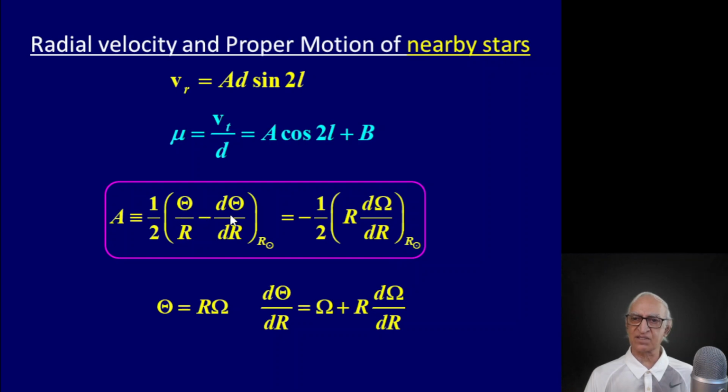This relation in terms of theta I have written in terms of omega by using this relation over there. Please verify this very simple expression. Quite clearly, this represents a shear, d omega dr, the rate at which the angular velocity is changing with respect to the distance from the center of the galaxy. So it's a shear.